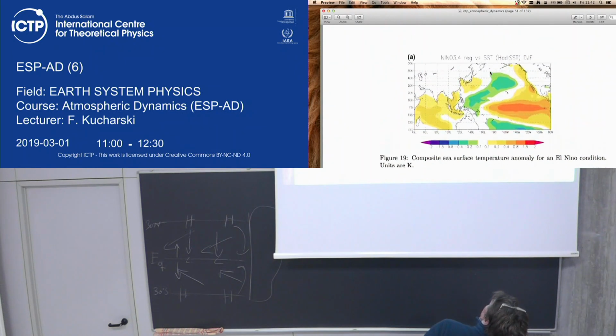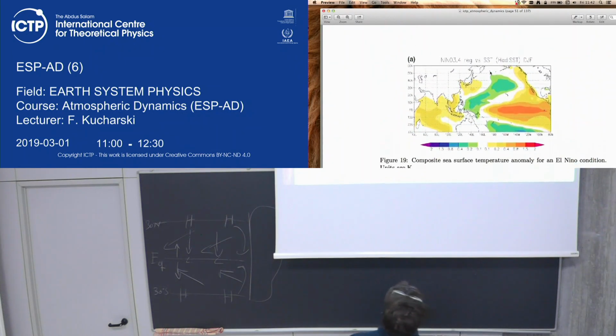So if we now look at a composite, this is now a real observed composite of a Nino. No, it's not really a Nino composite. It's a composite by using an index we call the Nino 3.4 region.